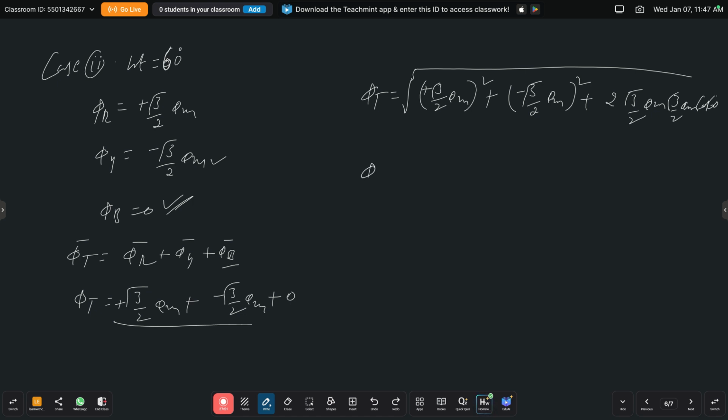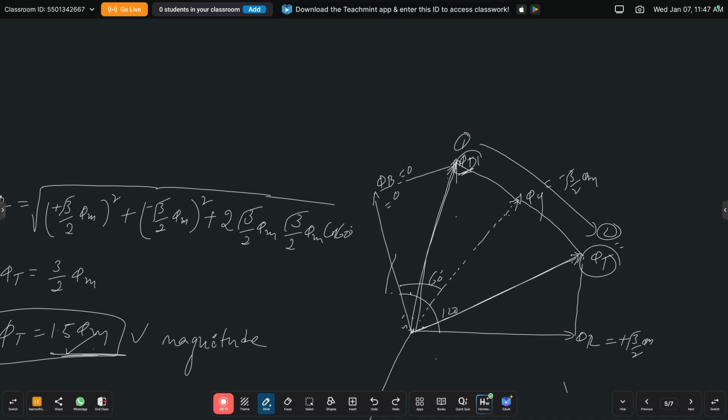After calculating, we get the same 3 by 2 into phi m. The total flux is 1.5 times phi m, the rotating flux magnitude.